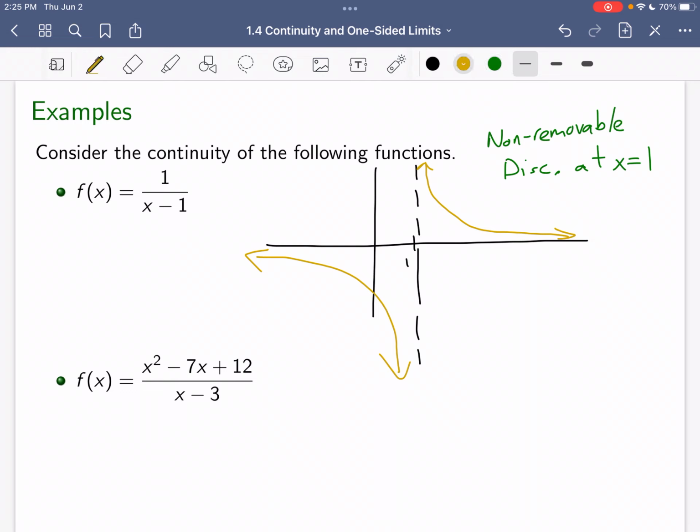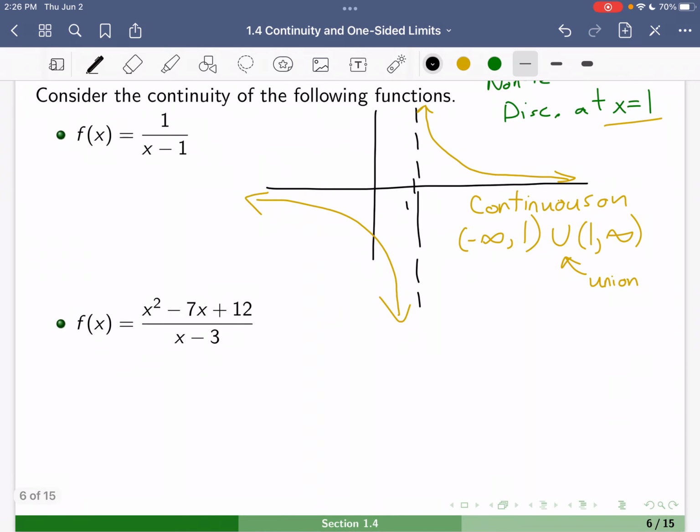Since we didn't identify any other discontinuities, it is continuous on the interval from negative infinity up to, but not including, 1, and then on the other side, from 1 to infinity. This is our union, joining those two intervals together. So that is where it's continuous, and it's discontinuous only at x equals 1.